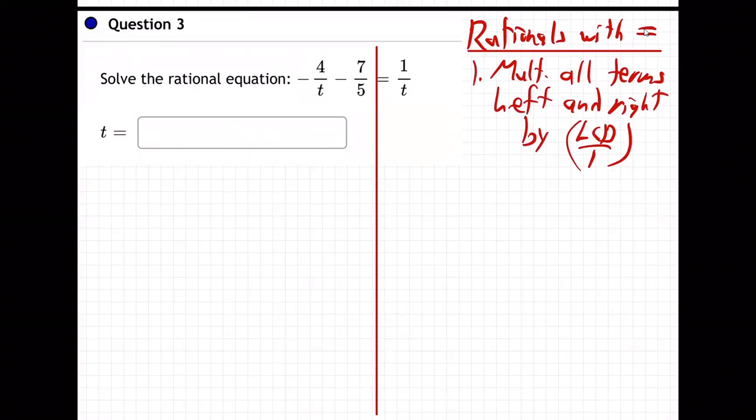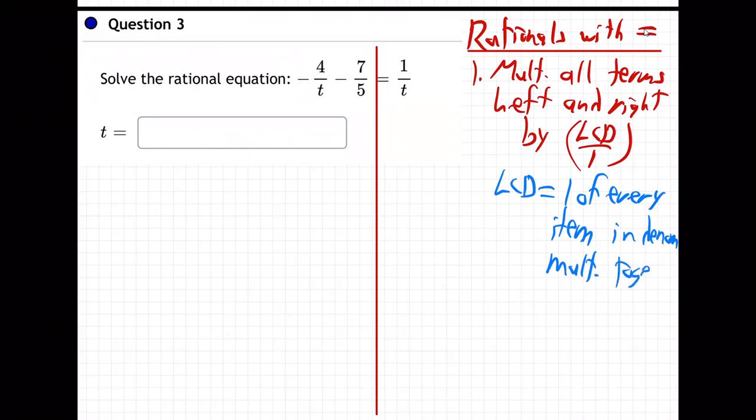Okay, so what's the common denominator? Well, the LCD equals 1 of every item in the denominator multiplied together. It's like you're going to the store and you're going to buy one of everything.